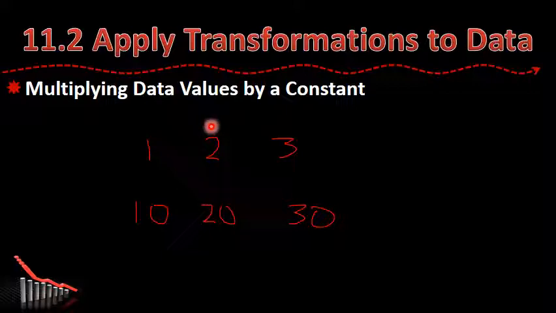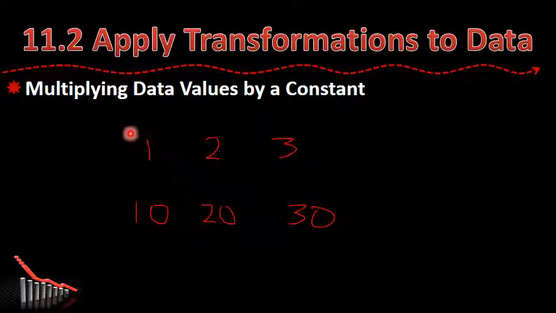Add them together, get 6 divided by 3 is 2. On the bottom set, the mean is 20. Add them together, divide by 3, you get 20. Notice the median on the top set is 2, and down below would be 20. There's no mode. But notice each of the central tendencies are multiplied by 10.